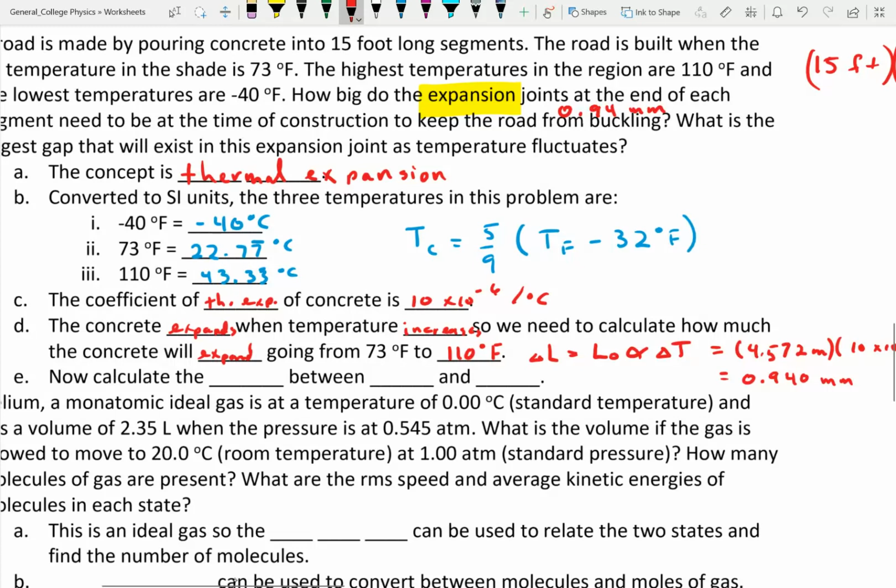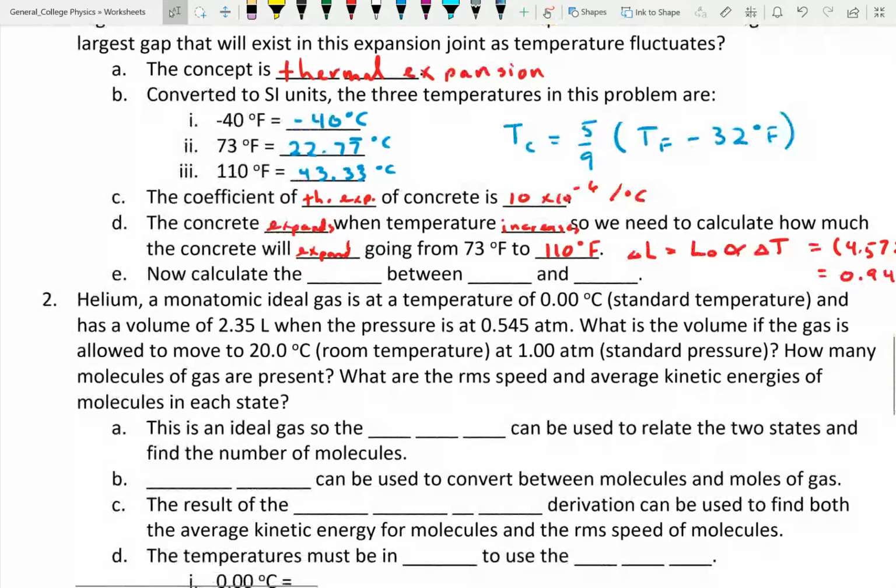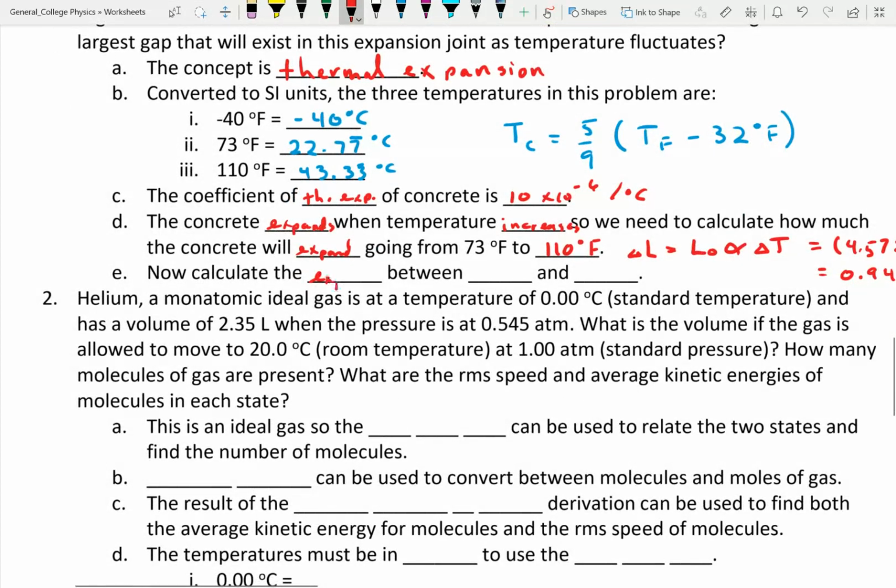Then the second question, what is the largest gap that will exist in this expansion joint as temperature fluctuates? Well, that's going to be the expansion between the maximum and the minimum. So I'm going to put between minus 40 degrees Celsius, or Fahrenheit, is Celsius the same, and 110 degrees Fahrenheit.